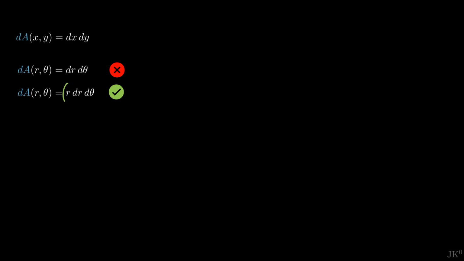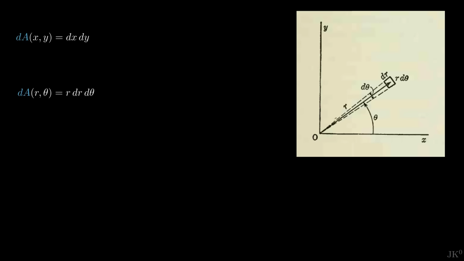The correct expression has an extra factor r. But where does this extra r come from? It can be understood geometrically as the product of dr and the small arc given by r d theta. But this approach only works in 2 or 3 dimensions.